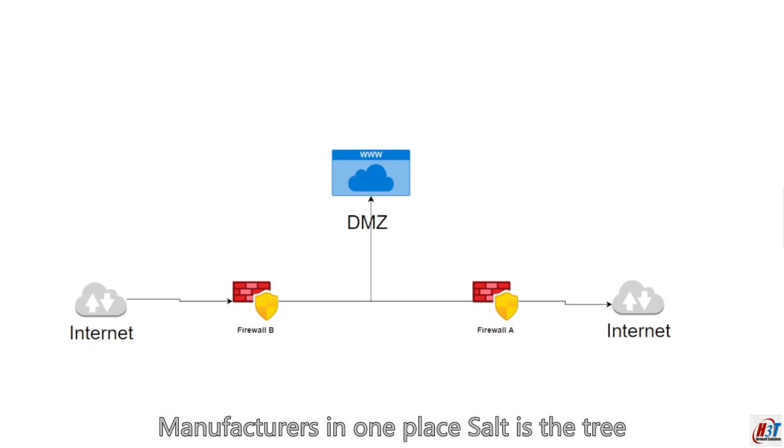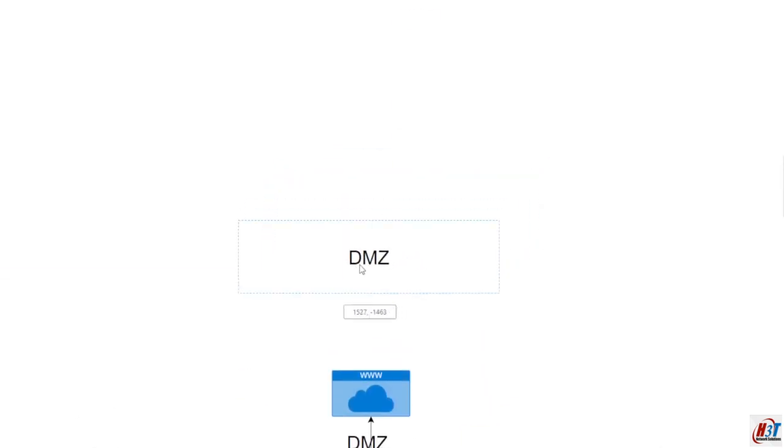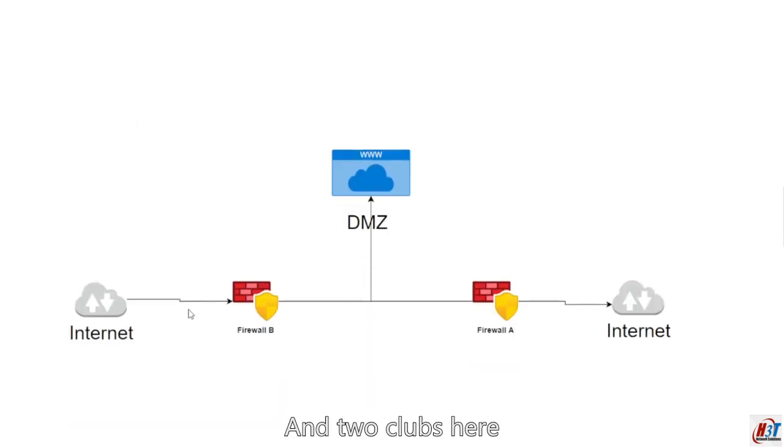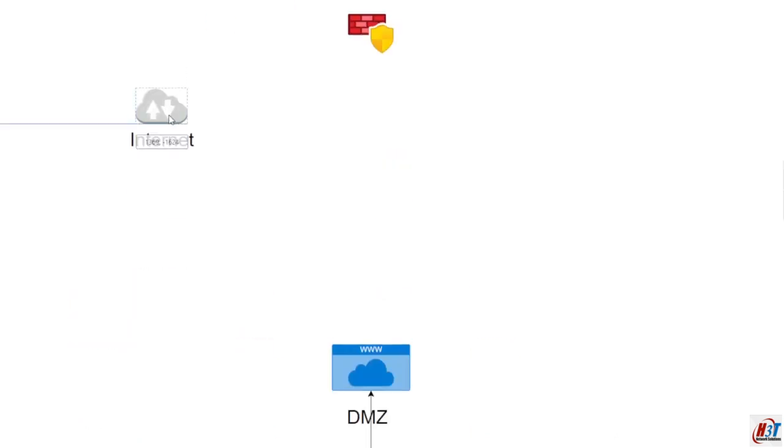A more common implementation of firewalls is the three-homed firewall here. So let's actually create a diagram. Three-homed firewall. For this, we will need a firewall here, and two clouds here.